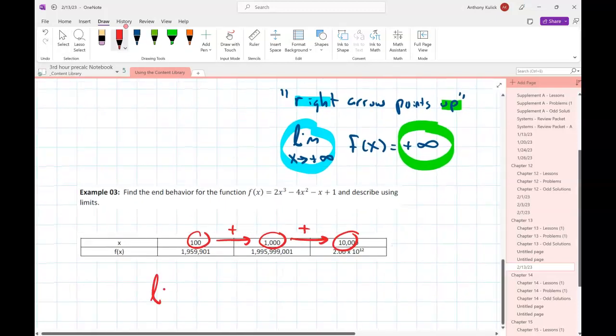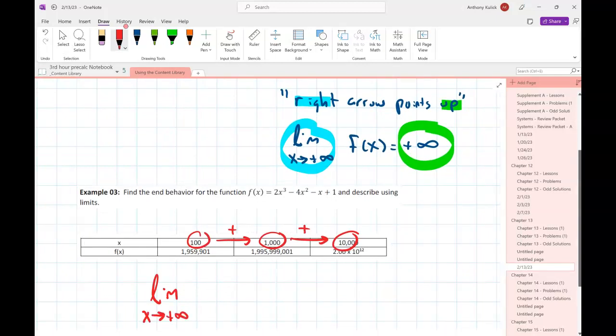So I could write the limit as x approaches positive infinity, because what direction is my x going? To the right. Exactly. And if I look at the y's, they're also increasing. So this is going to go to positive infinity.